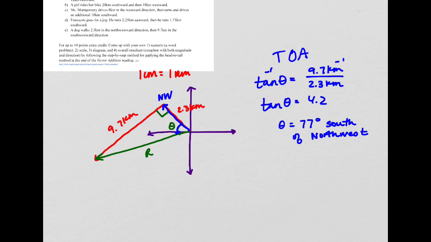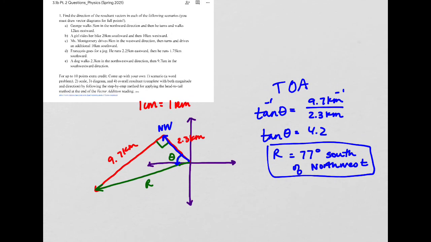So the answer is that the resultant is in the direction that is 77 degrees south of northwest. That's a nice one. That is it for Wednesday's assignment.